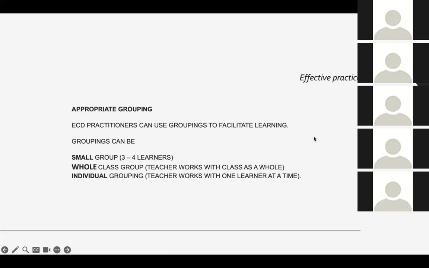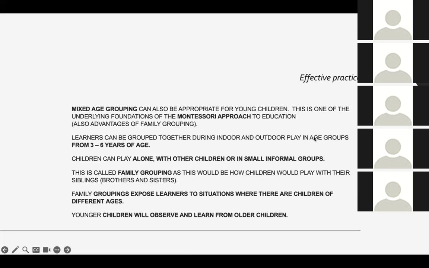Okay, that's appropriate grouping. Mixed age grouping is appropriate for young children. All right? Actually, the Montessori school is one of the most famous approaches for mixed age grouping. Right.